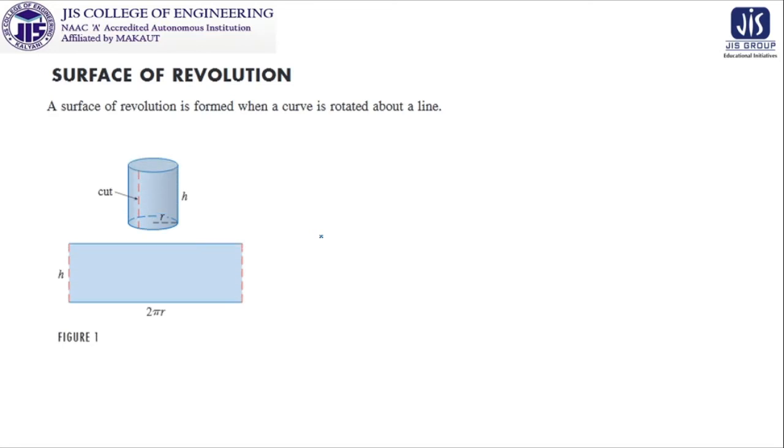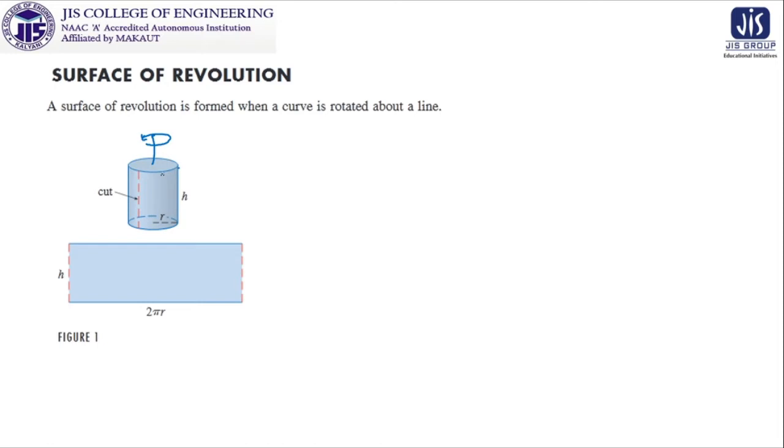So we can start thinking from the very basics. Suppose we have a cylinder like this, and you can think of this straight line rotating with respect to this axis, and then this structure is generated.